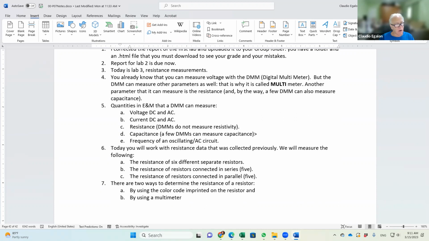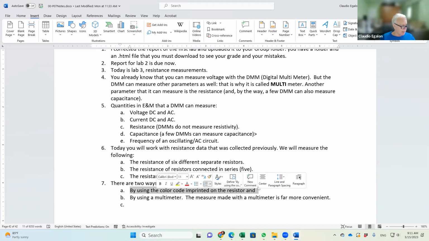It can be either a digital or analog multimeter. The measurement made with a multimeter is far more convenient. But you still have to know how to use the color code to determine the resistance of a resistor.